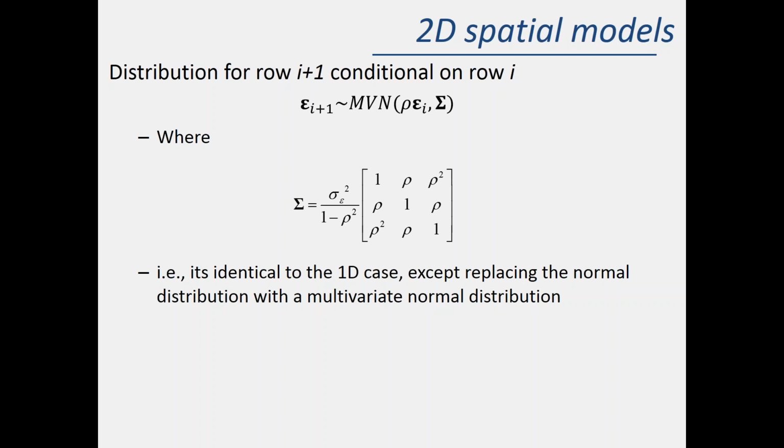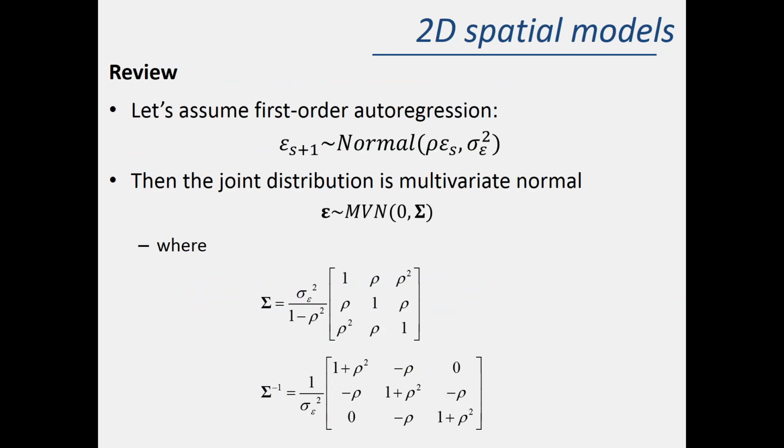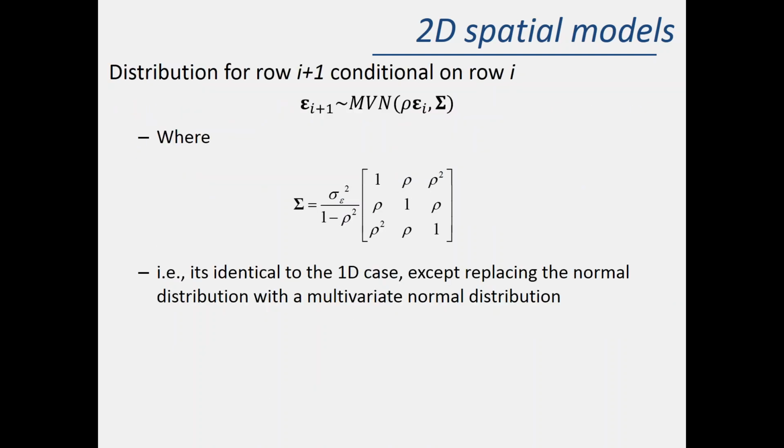And instead of this scalar sigma squared, we're swapping in the epsilon that we already derived as the covariance of each row.